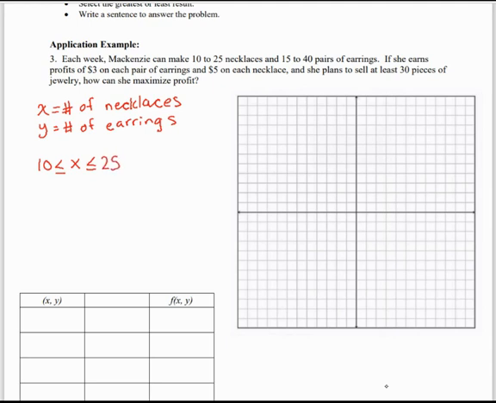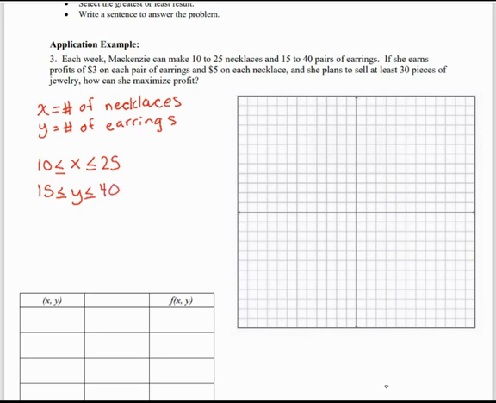Then it says 15 to 40 pairs of earrings. So same deal. I'm not going to make less than 15 pairs of earrings, but I can't make more than 40. So Y will be greater than or equal to 15 and less than or equal to 40.